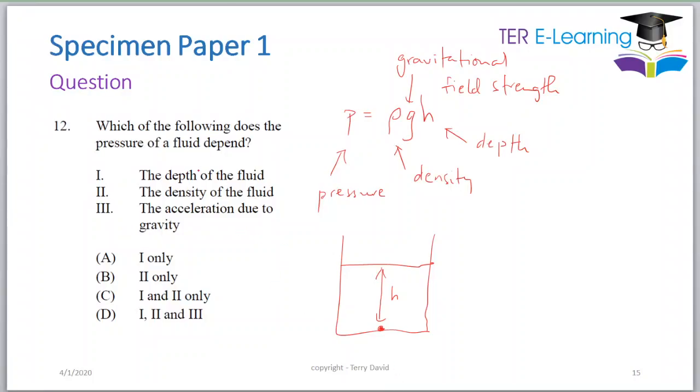So it depends on the depth of the fluid. Yes, that is true. It depends on the density of the fluid. That is true. And it depends on the acceleration due to gravity. Now, you need to be careful here with this particular question.